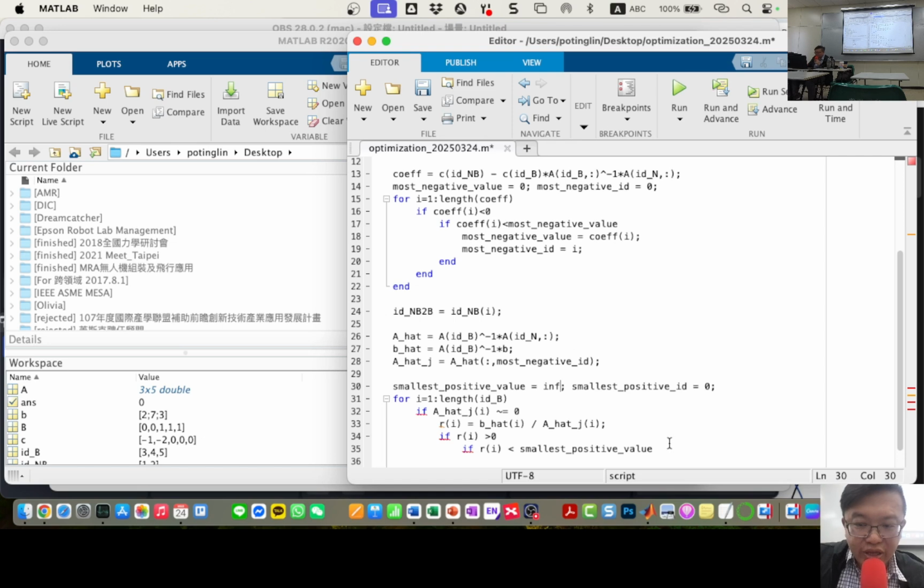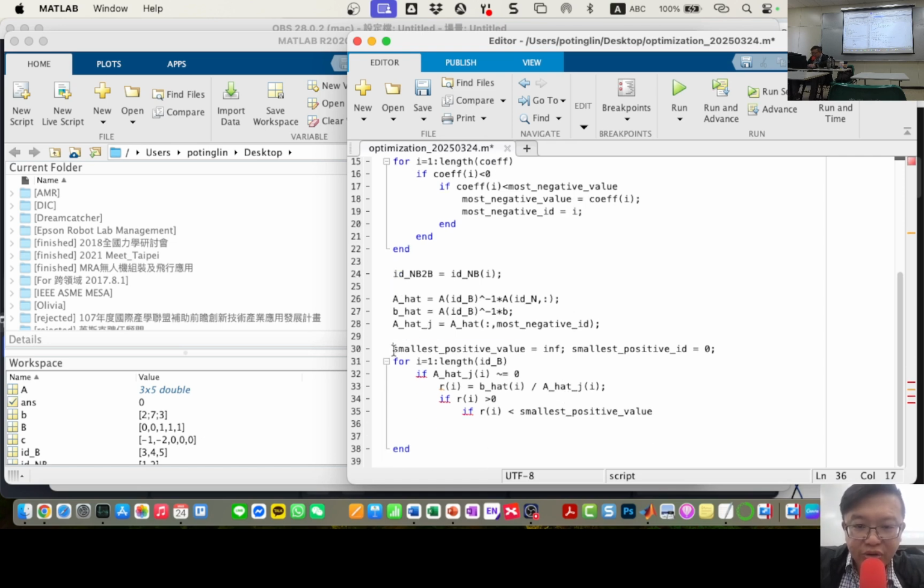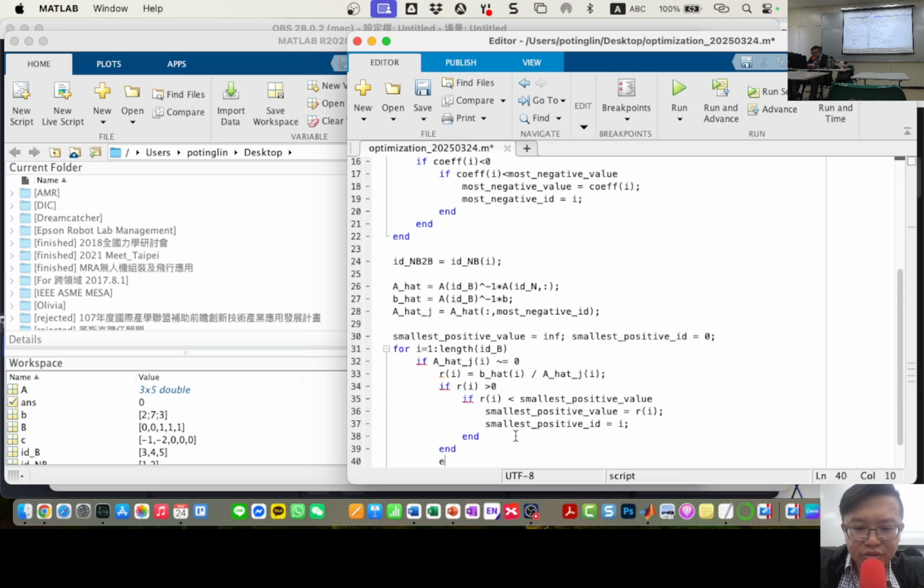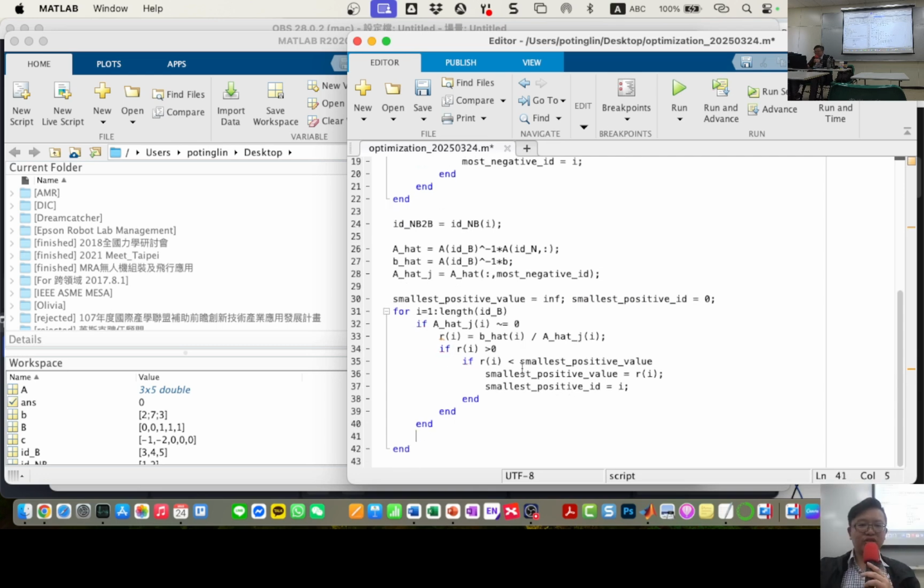If it's smaller than that guy, I will keep a memory of it. So the smallest positive value will be that ratio, and the smallest positive ID would be this particular ID. That should do the trick.